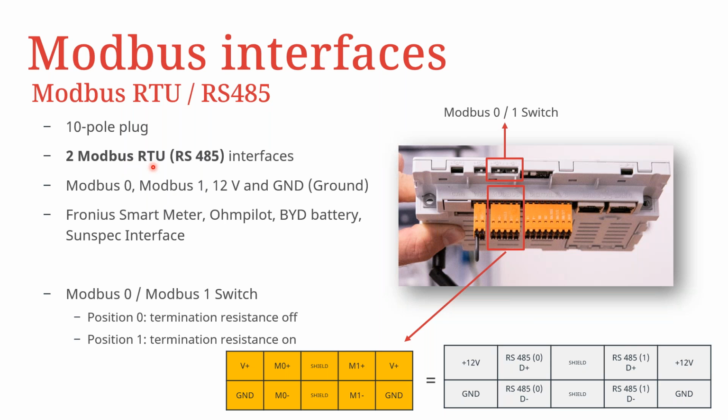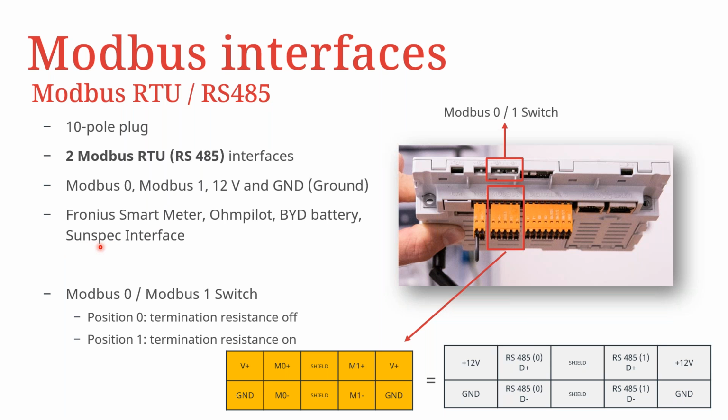It has two Modbus RTU interfaces as against one in the data manager. They are labeled Modbus 0 and Modbus 1. Each terminal has 12 volts pulse, and can be used to communicate with the Fronius smart meter, home pilot, UID, and it is a SunSpec interface.